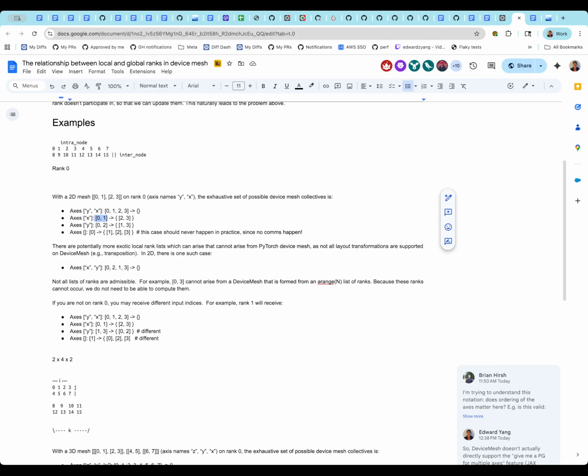So if I'm rank 0, I'm participating in a collective 0, 1, 2, 3 when I'm doing a comm over everything, and there aren't any other collectives going on. But if I'm doing the communication between 0 and 1, it turns out there's also another collective going on. Well, they're the same collective, but there's another group of ranks talking to each other, 2 and 3, going on at the same time.